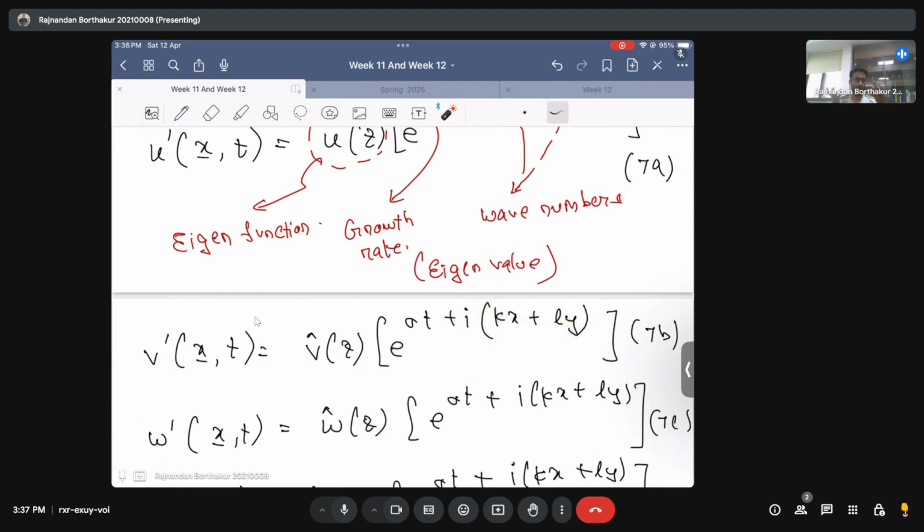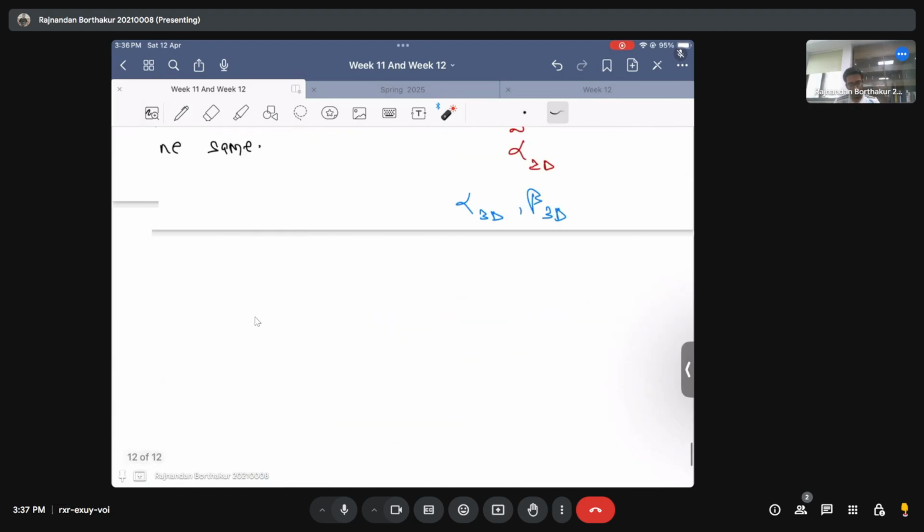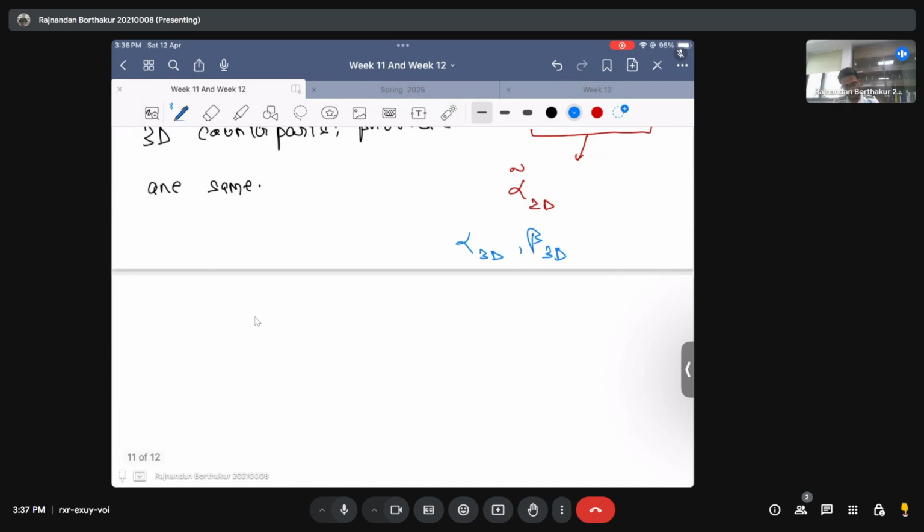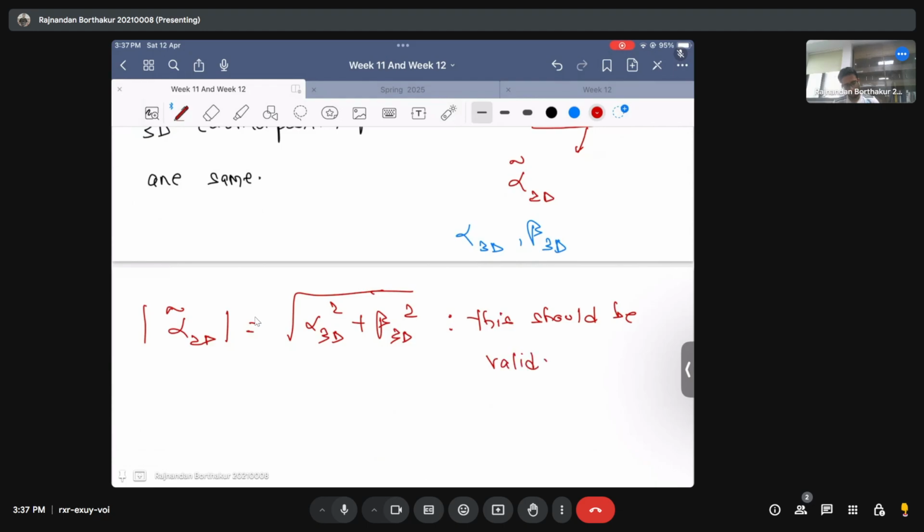So for Squire's theorem to be valid, the magnitude of alpha 2D should be equal to the square root of alpha 3D squared plus beta 3D squared. This should hold good at all times.